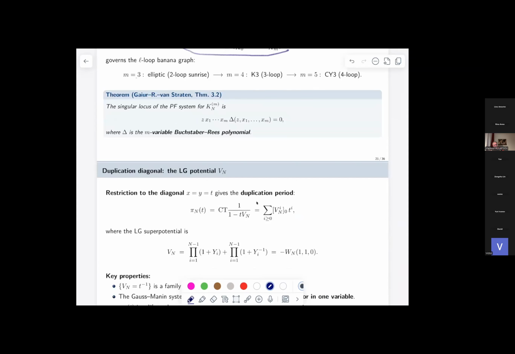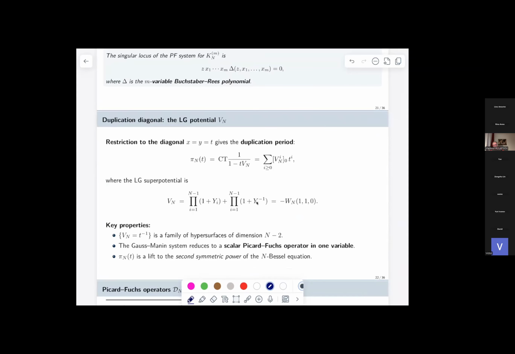Okay, so I told you about this principle of demonstration. It is a constant term residual formula. And then we can consider the same residual formulas on the diagonal. Let's take all x equal to y equal to 2.